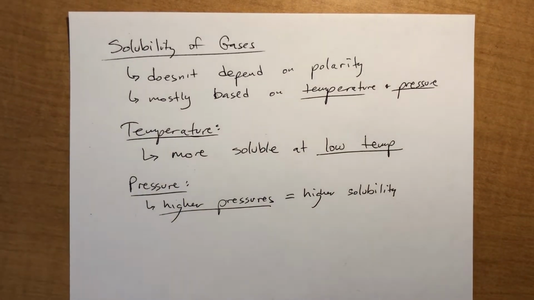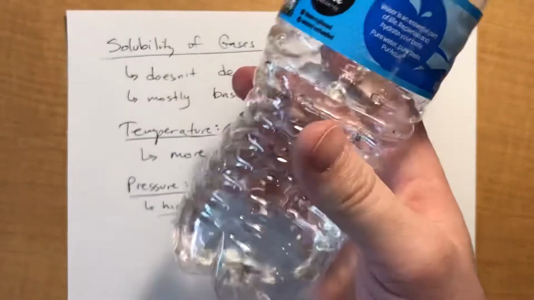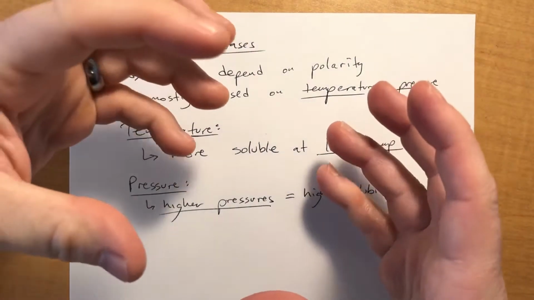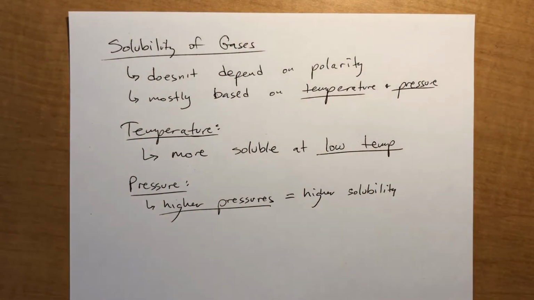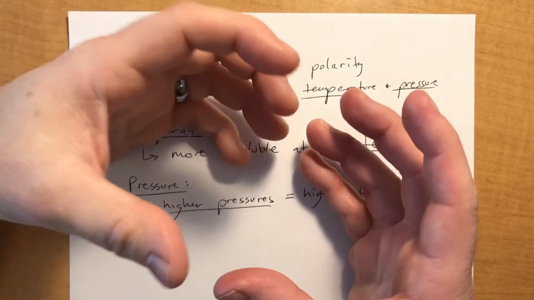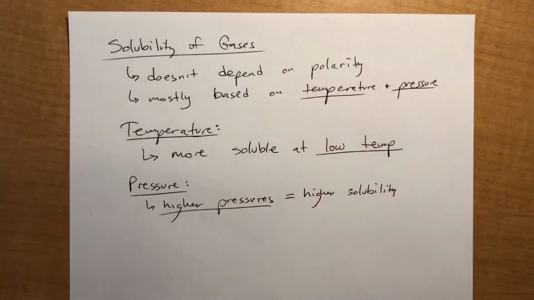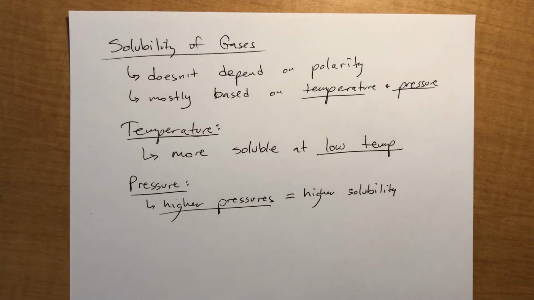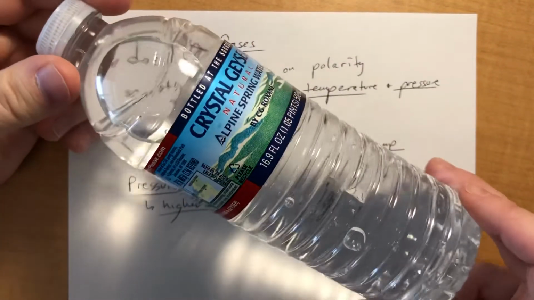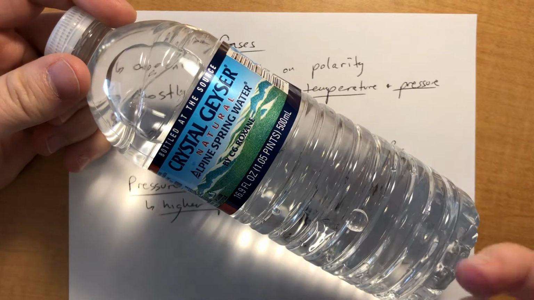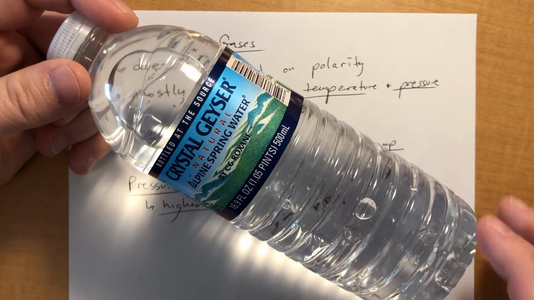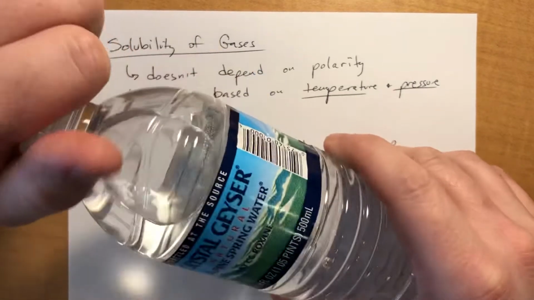So here's an example. I'm going to use this water bottle. This is not carbonated, but let's say it was. So if you bought a brand new 2 liter of Coke or Pepsi or whatever your style is, most people don't like 2 liters because as soon as you open them, it starts getting flat. You start losing gases that are dissolved. This is also why if you have a 2 liter of pop, soda, whatever you like to call it, I'm gonna say pop because I'm from the Midwest, it doesn't actually look carbonated until you crack it open.